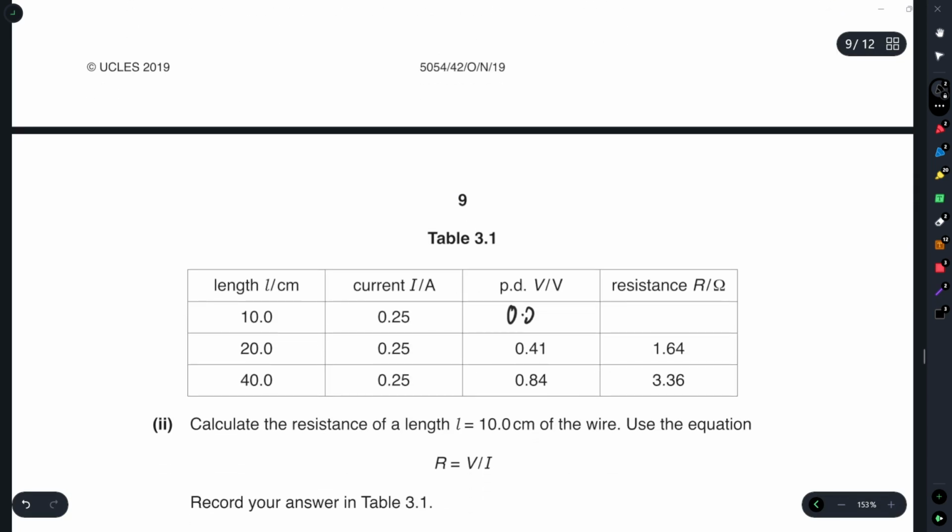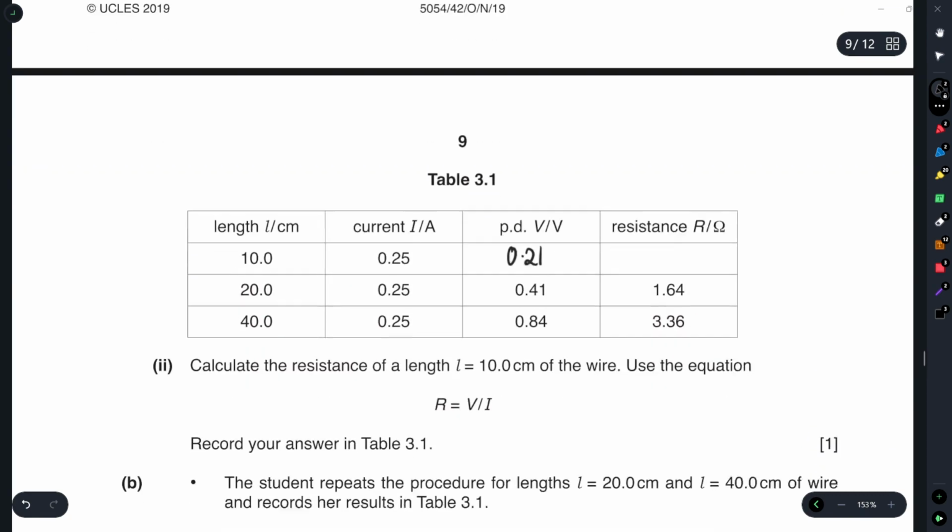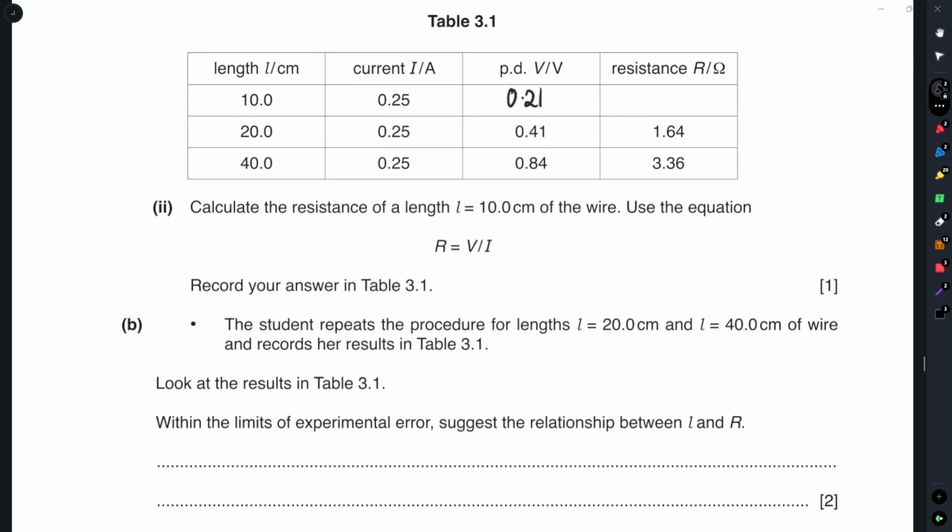So the potential difference is 0.21. Calculate the resistance. You know the current, you know the voltage, so the resistance is going to be what? Potential difference divided by current, so you're going to get somewhere in the vicinity of 0.84. Yep, I'm guessing at 0.84. Okay.